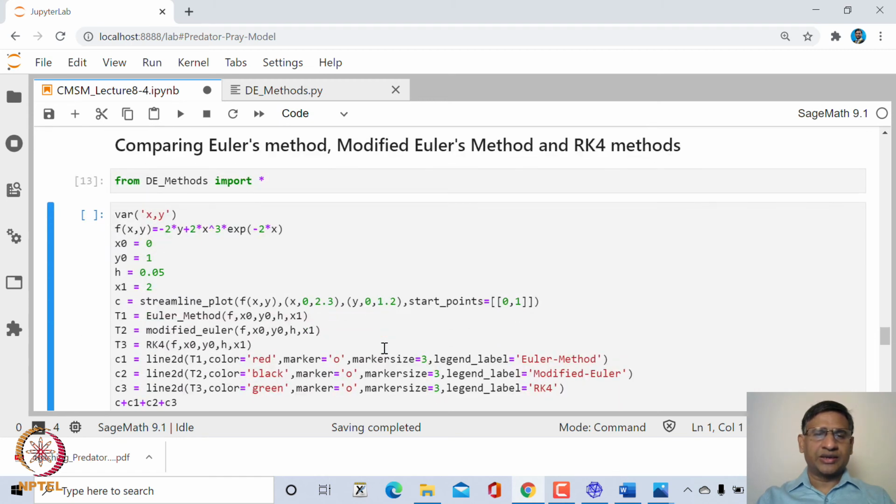Let us look at a differential equation dy/dx = f(x,y), where f(x,y) is -2y + 2x^3 e^(-2x). Again, we solved this problem in the last lecture, and we start with the initial condition x0 = 0 and y0 = 1, that is y(0) = 1. First let us start with step length h = 0.1 and the end point 2.